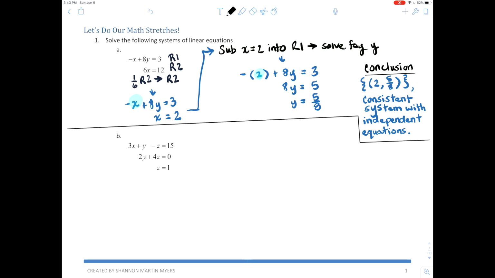Do you see part B is also set up for substitution? And in fact, when we were altering this system in part A, we actually got this into reduced echelon form. So we will be learning specific definitions for these things soon.